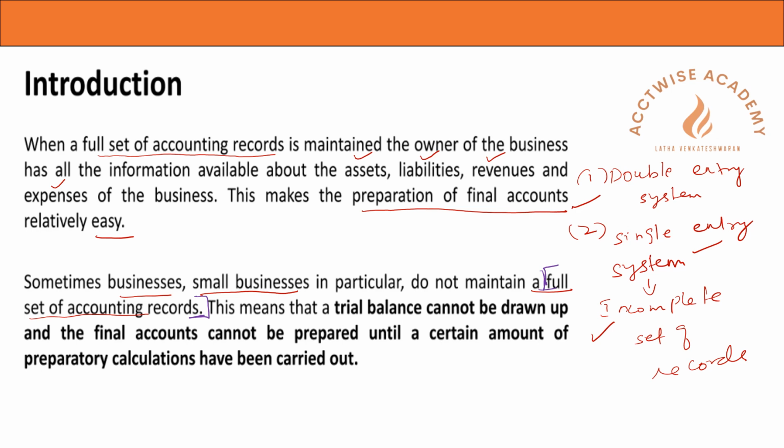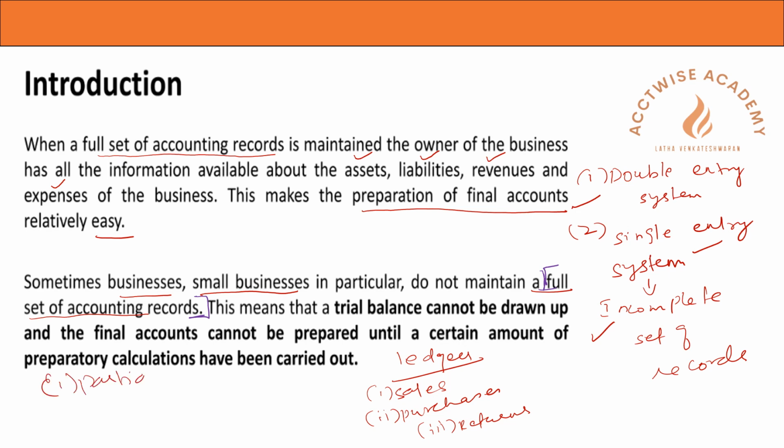Incomplete records are also known as single entry bookkeeping. This is when a business does not maintain all the necessary detailed accounting records such as ledgers. So we maintain a lot of ledgers. They may not have maintained ledgers properly like sales, purchases, returns, etc. Incomplete records means that some transactions are partially recorded.